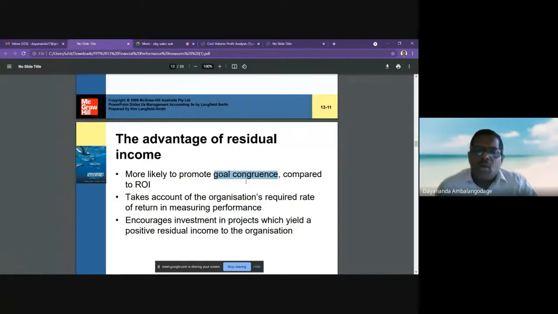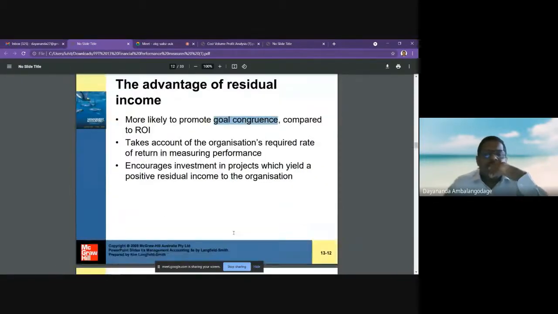So goal congruence takes into account the cost of capital of the organization. That's the required rate of return. You can remember the name: required rate of return, cost of capital. It considers the cost of capital when measuring performance, and encourages investment in projects that yield positive residual income.